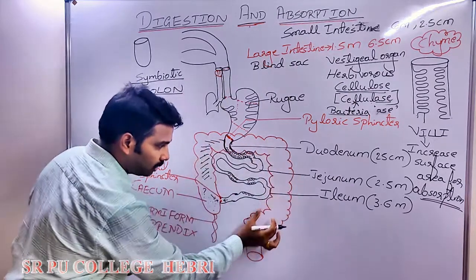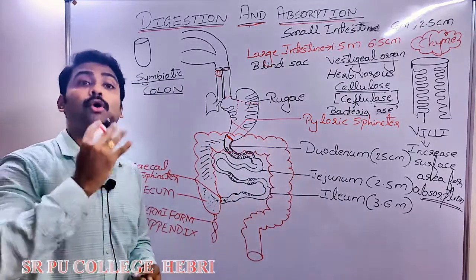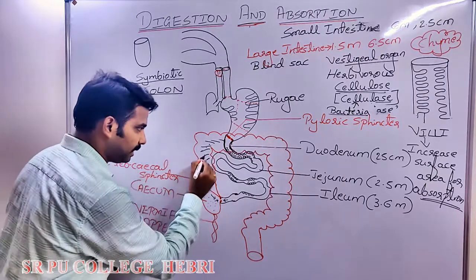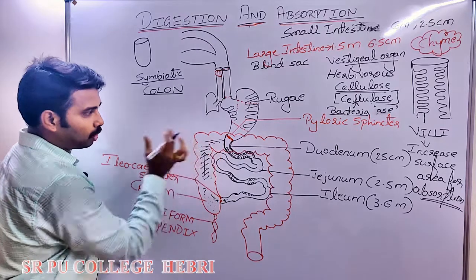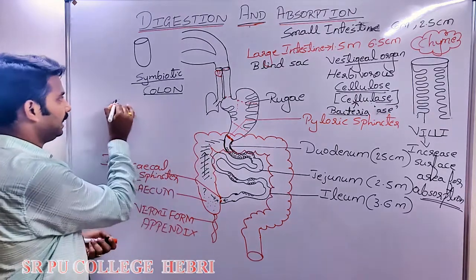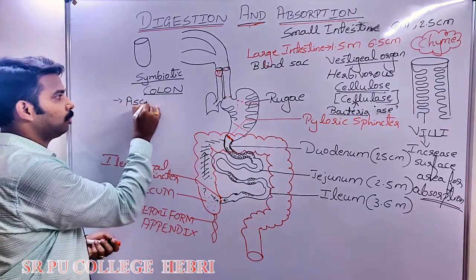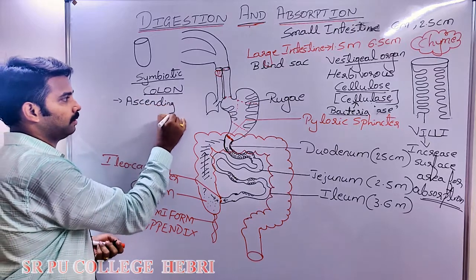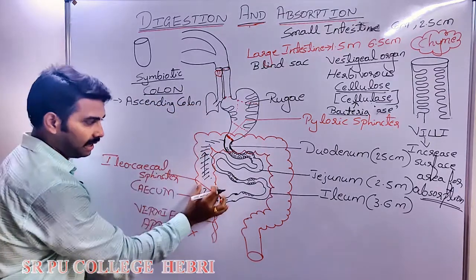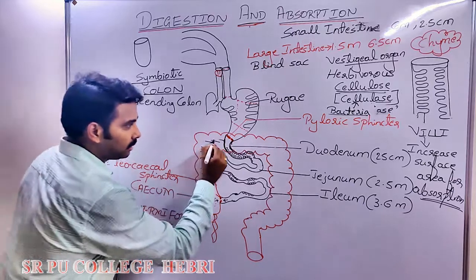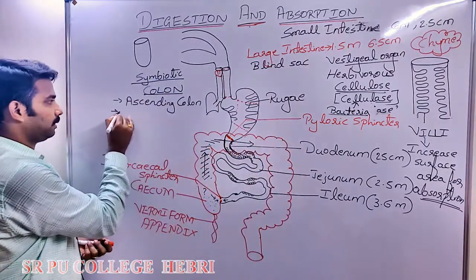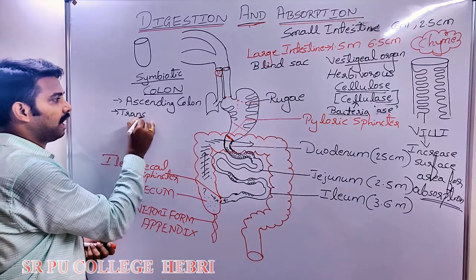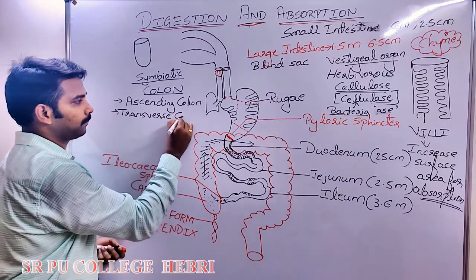This colon can be divided into 4 regions. What are they? Hope it is visible, this part of the colon I will write here, it is called ascending colon, easy to remember. This region of the colon is called transverse colon.